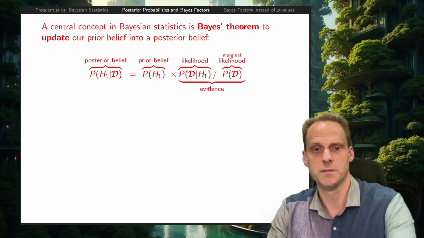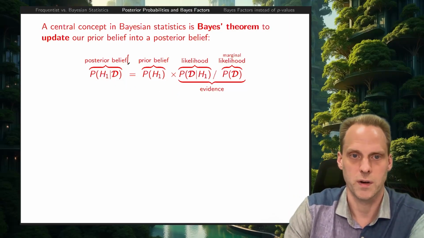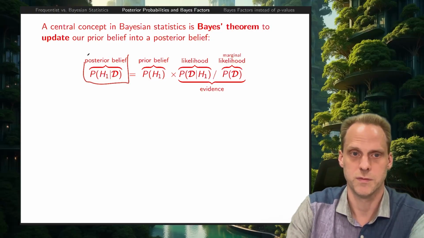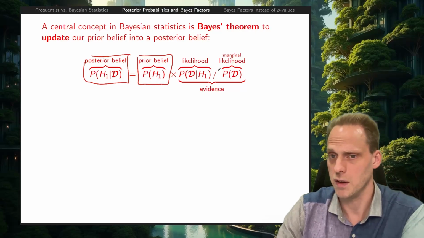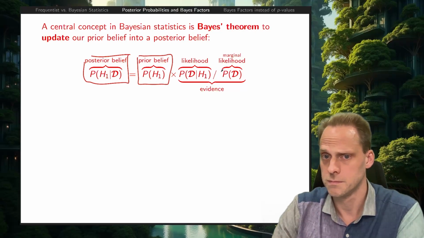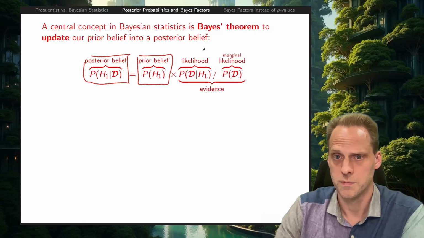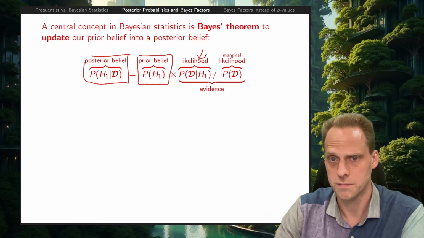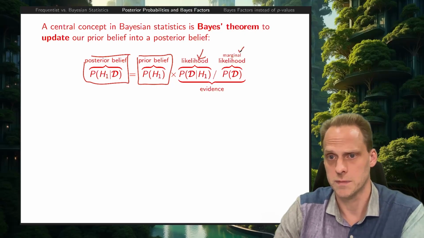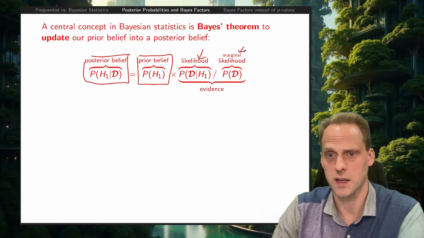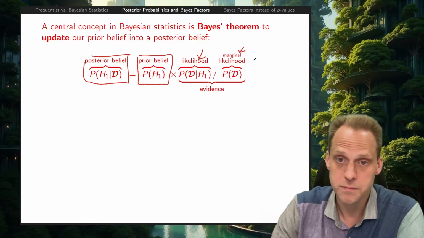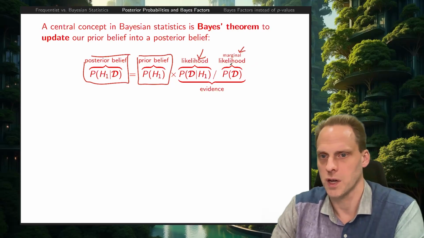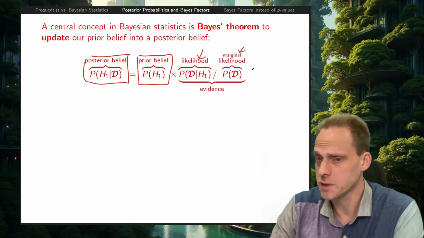So what happens here? We have our posterior belief, the one thing we're interested in, equals our prior belief times evidence. And that's this thing here. We have the likelihood, and a weird thing here, the probability of the data, not given any hypothesis, which is a weird thing, but you can calculate it by summing over all possible hypotheses.